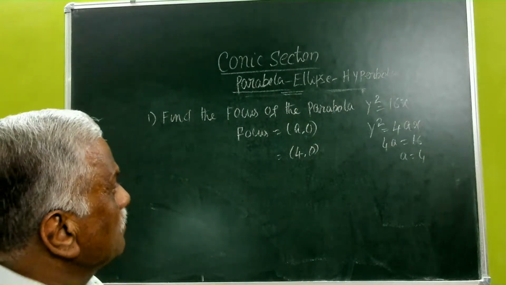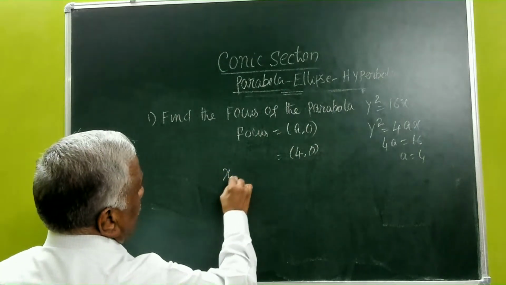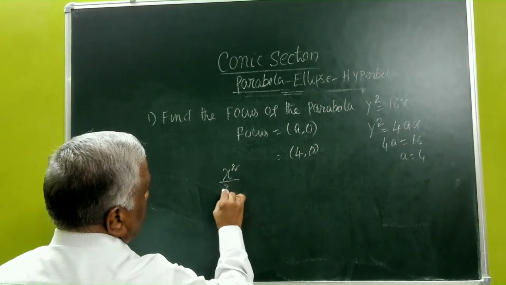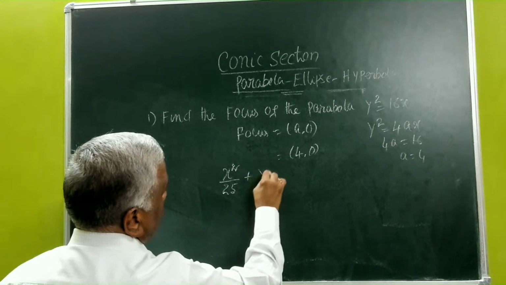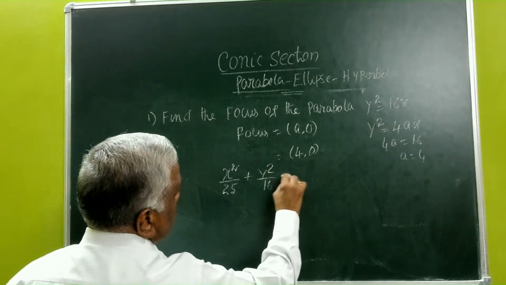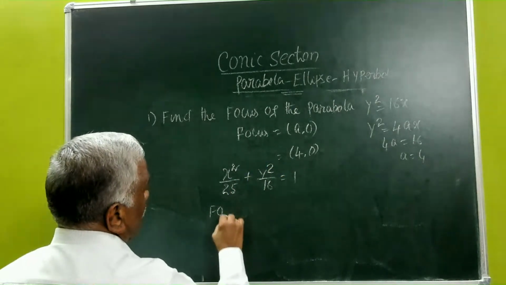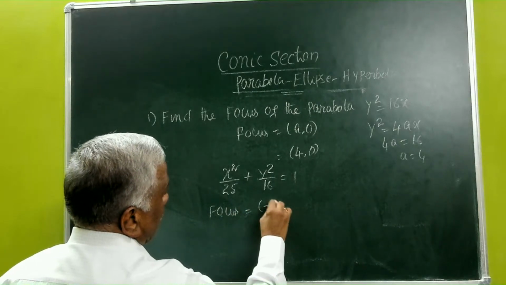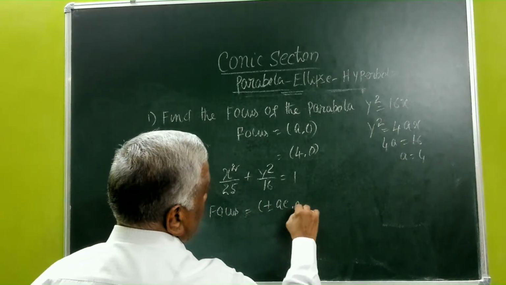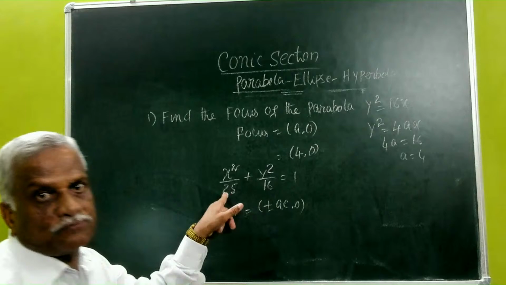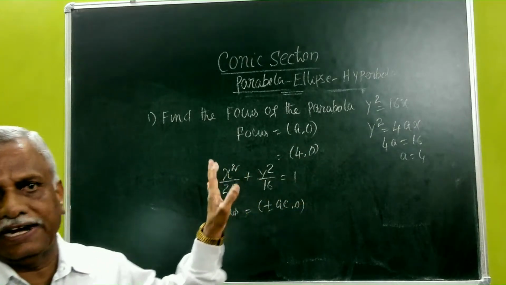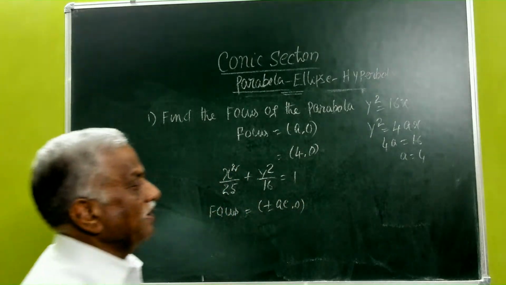When you can remember, supposing they give the next problem: find the focus of the ellipse x square by 25 plus y square by 16 equals 1. They are asking you to find the focus. It is plus or minus a comma 0. You first notice first type or second type. It is first type only. You have to find e.